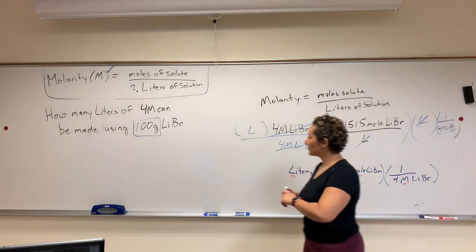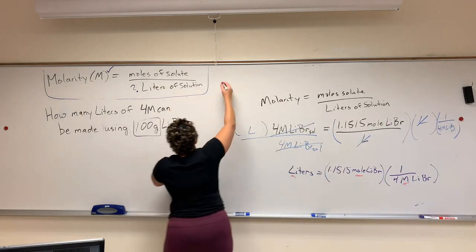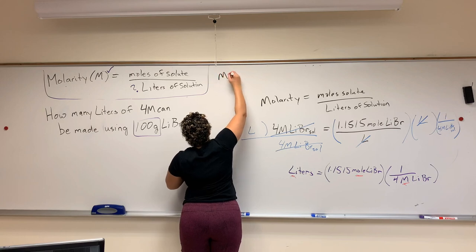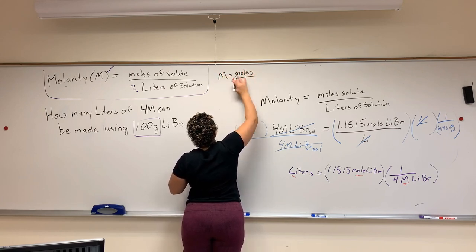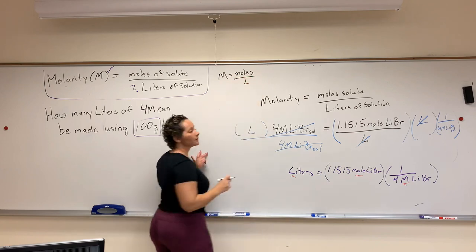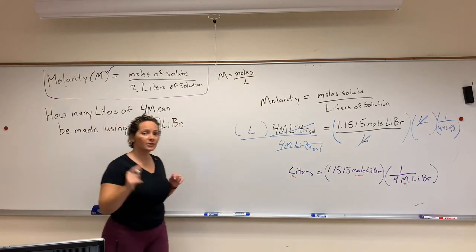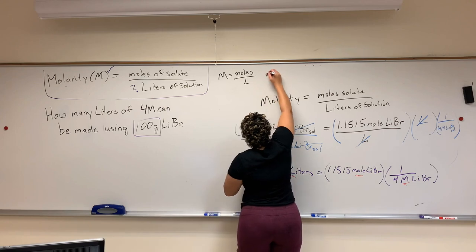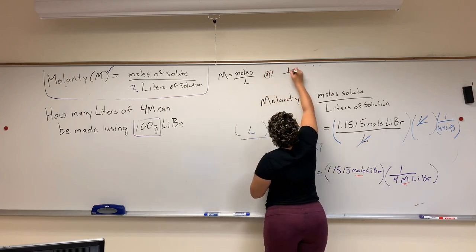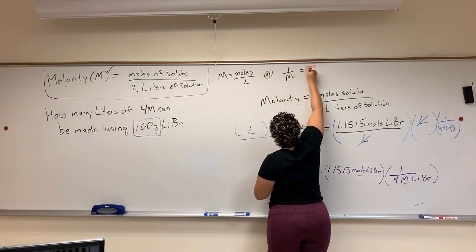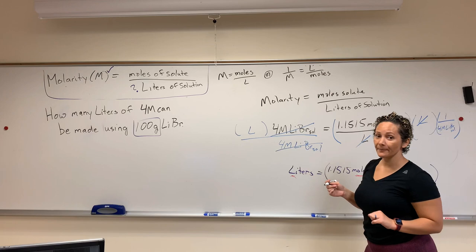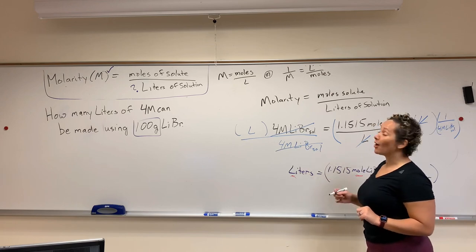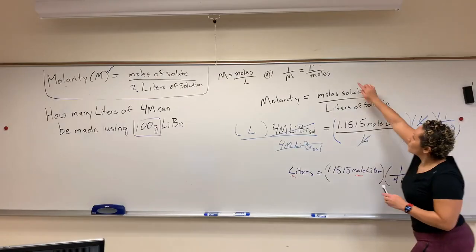So, just like over here, molarity equals moles per liter. Okay? Watch this. 1 over big M equals liters over moles. Okay, see that? All right, now, so we use this one.